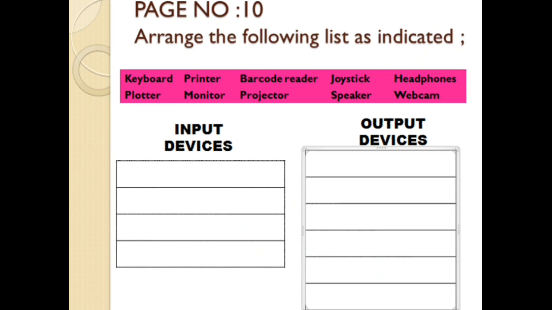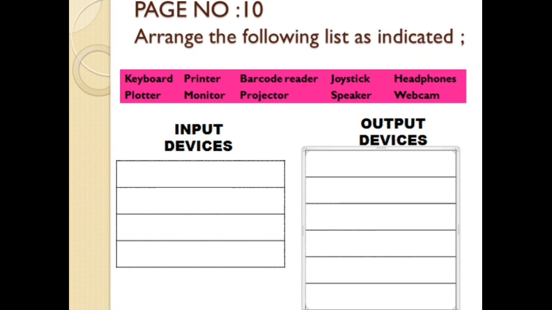So these are all what? Hardware devices. The physical part of the computer is called hardware. This hardware is divided into three categories: input, process and output.